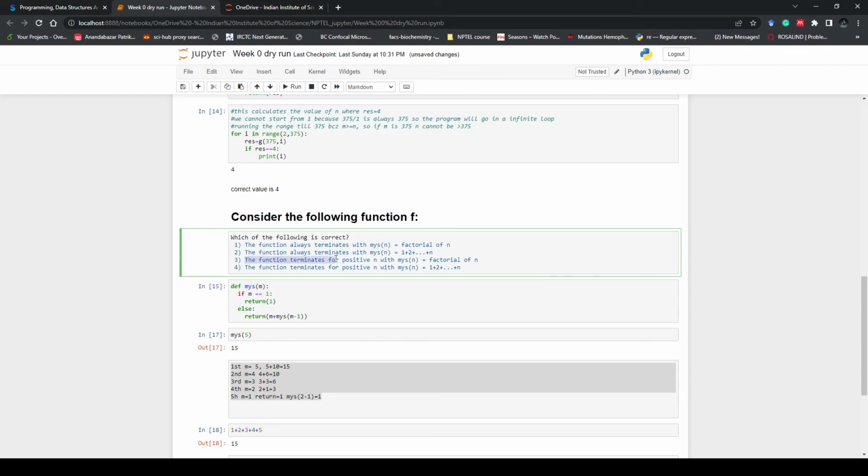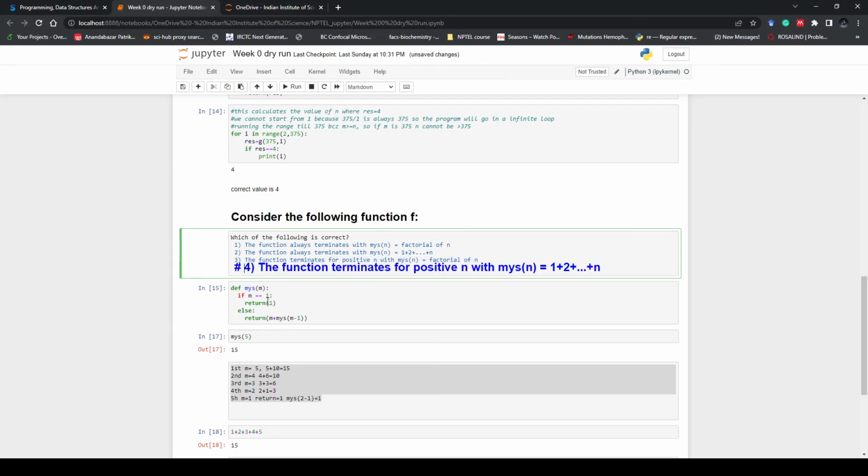The function terminates for positive n with mys of n factorial of n. No, because this is not a factorial. The function terminates for positive n with mys of n, yes, when n is positive, that is n greater than 0. So this is my correct answer.